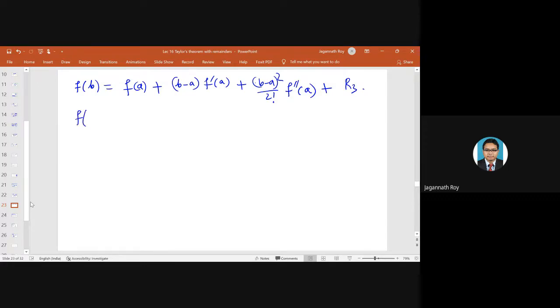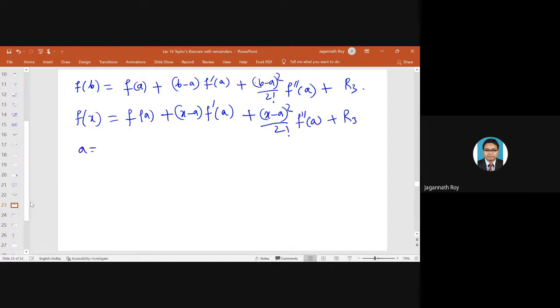Okay. So if b equals x, so this becomes f of a, and a equals 2, which we have to find. Okay, because of x minus a, the polynomial will be f of a plus x minus a times f dash of a plus x minus a whole square by 2 factorial f double dash of a plus R3.